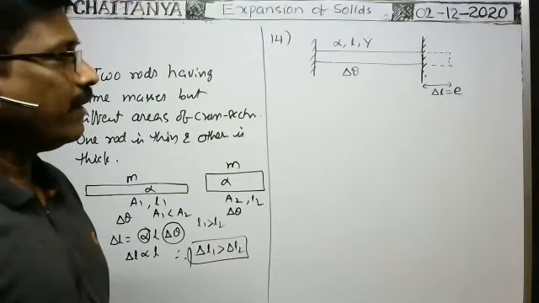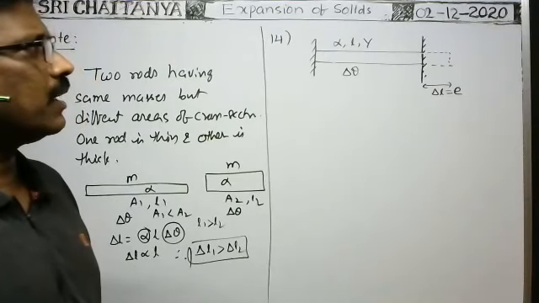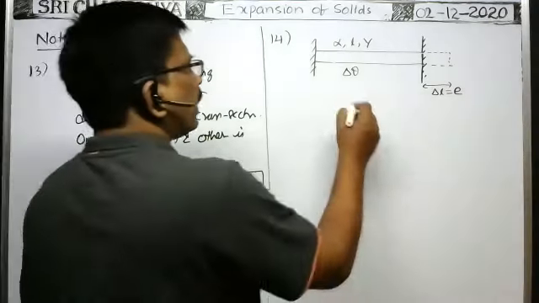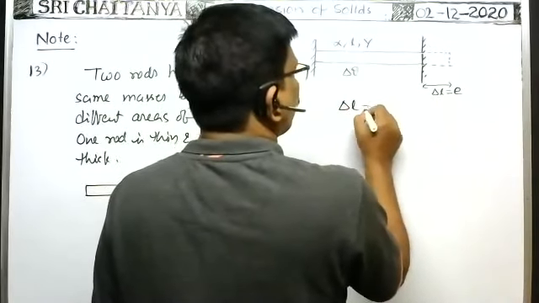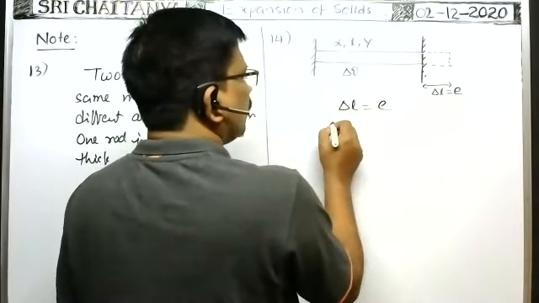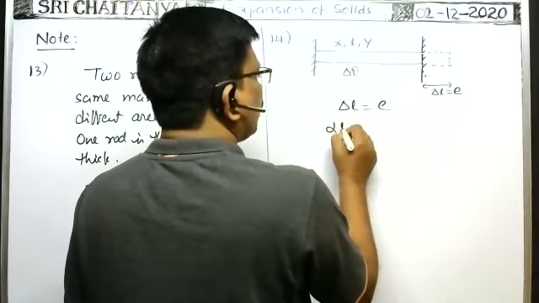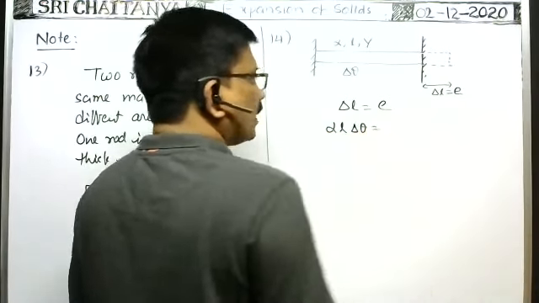Whenever the expansion of the rod is prevented upon heating, the linear expansion is equal to the elongation of the rod. What is the linear expansion? Linear expansion we can write as alpha into L into delta theta. What is the elongation?